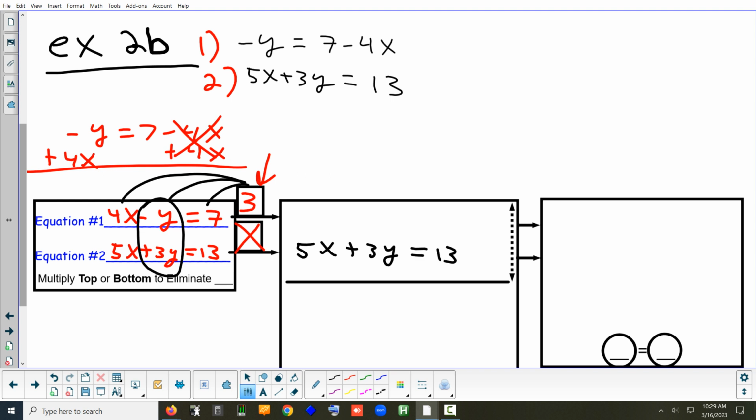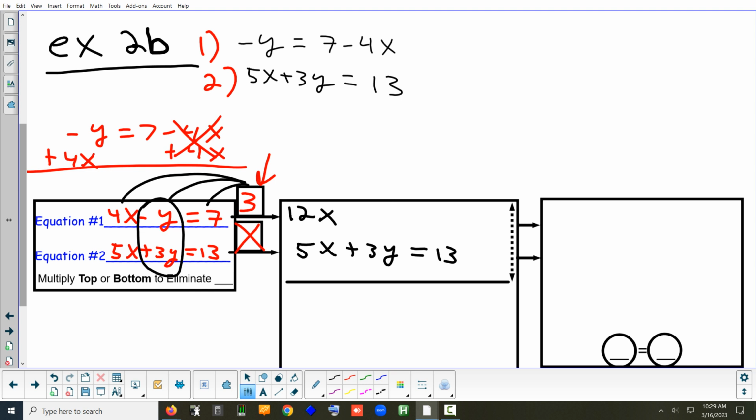Okay, so the bottom one stays the same. And let's multiply everything in the top equation by 3. When you distribute a 3 to it, what happens to the 4x? That becomes 12x. So the x's definitely don't cancel out. 12x and 5x, that doesn't cancel. So we're hoping the y's cancel.